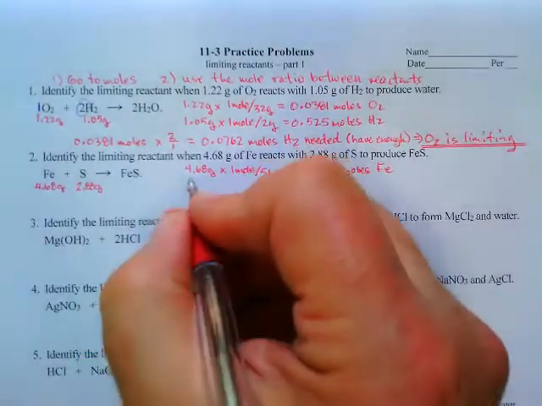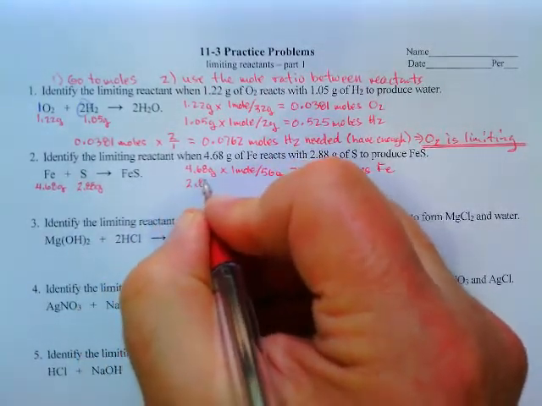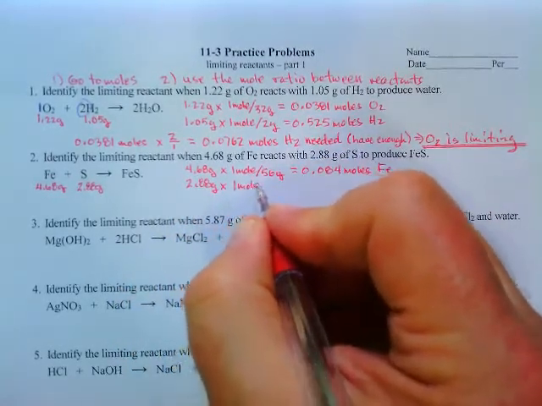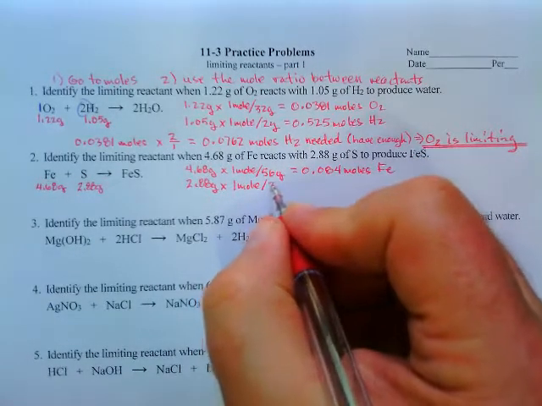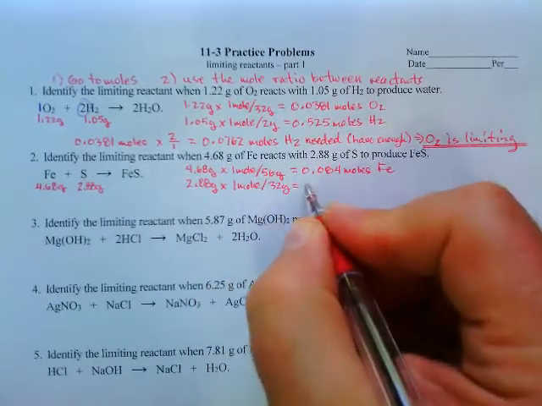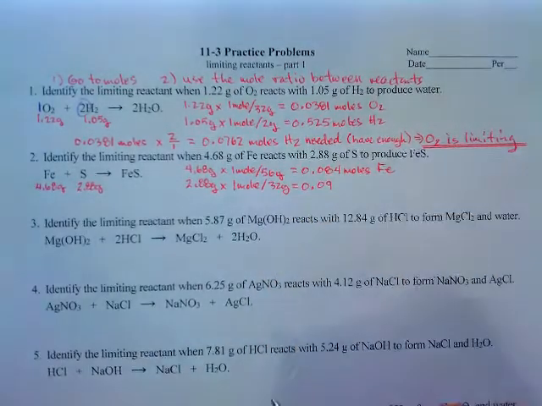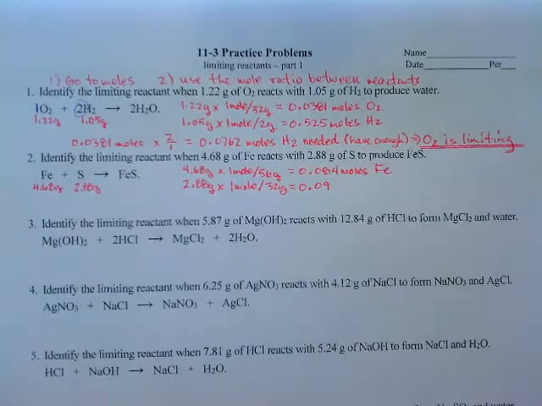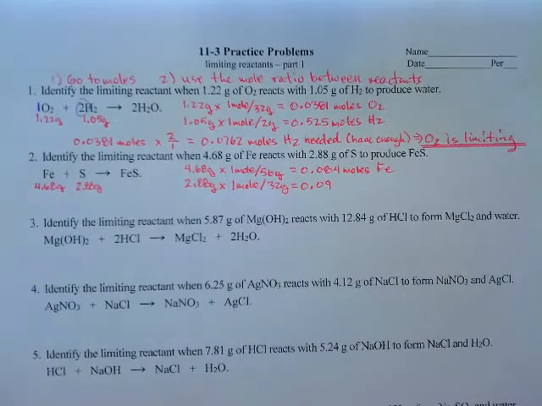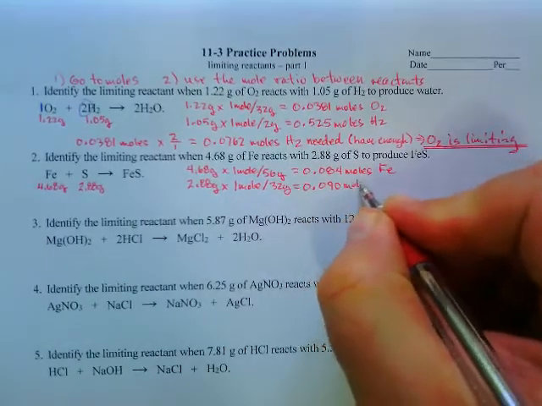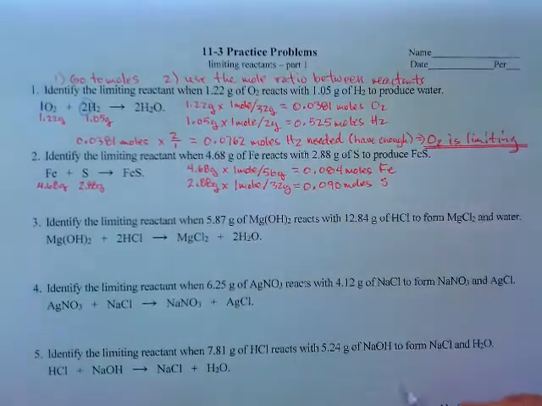Okay, now for the sulfur, 2.88 grams times 1 mole over, this time it's 32 grams, and this is 0.09 moles. Double check real quick. 2.88 divided by 32, yep, 0.090 moles of the sulfur.